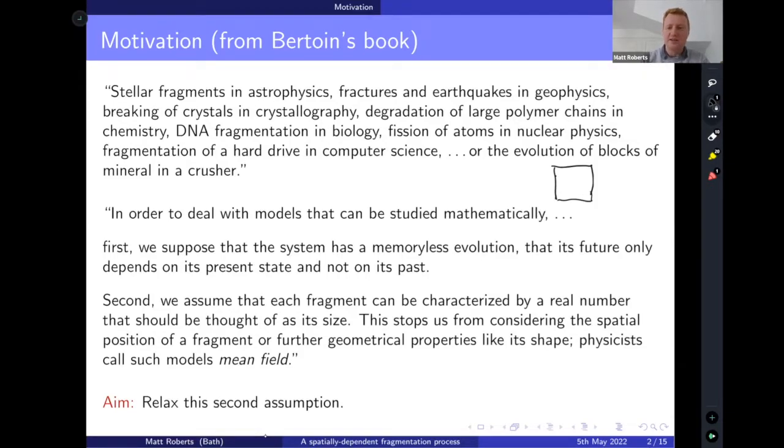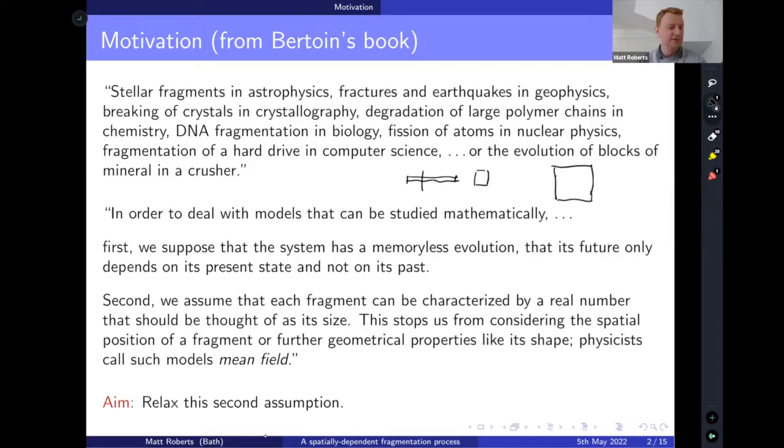You might expect that pieces that are long and thin, like this, are going to break much quicker than pieces of similar area, but which are almost square. And also that the long, thin pieces might be more likely to break along their longest side, like that. And according to the traditional theory of fragmentation processes, you couldn't do this.